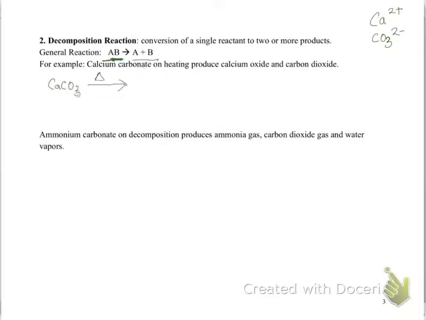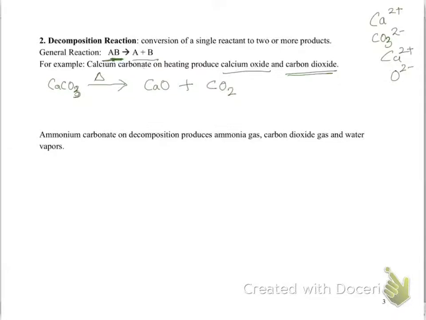That's better. Now calcium carbonate on heating produces, and I'm giving you the products here, calcium oxide. Again, calcium is 2 plus, oxide from oxygen 2 negative, formula will be CaO, plus carbon dioxide, covalent compound CO2.